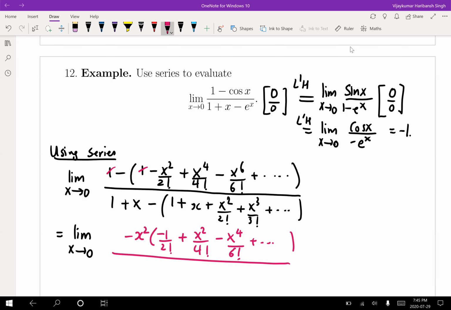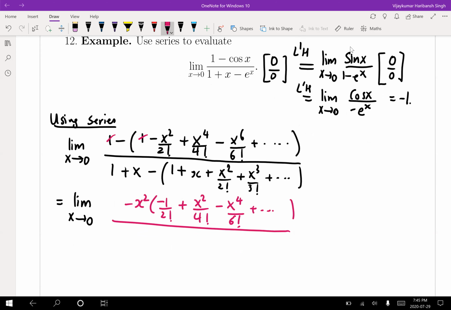So 1 plus x will cancel. I can take x squared common. I get what? I get 1. So this gets away. We get 1 upon 2 factorial plus x upon 3 factorial, and so on and so forth. Now we cancel these factors off.